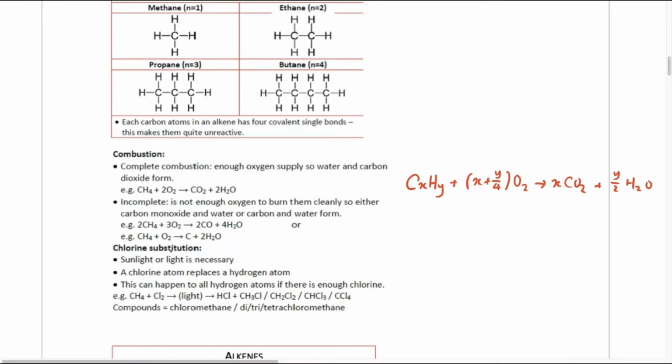So chlorine substitution, this is another chemical reaction, which is called free radical substitution. You need sunlight or light to make this happen. A chlorine atom replaces hydrogen atoms. So something like this: you see CH4 plus chlorine in the presence of sunlight or just light.